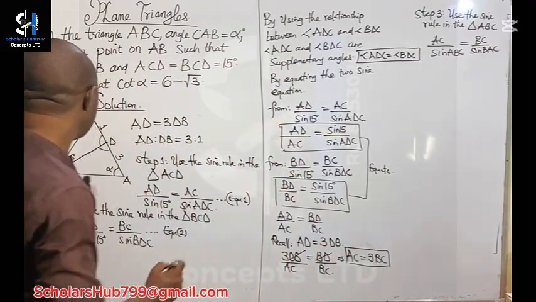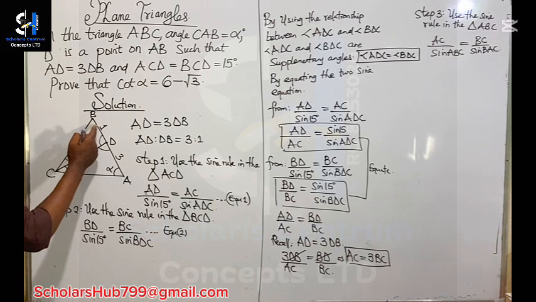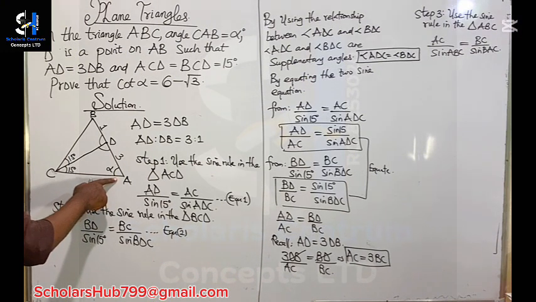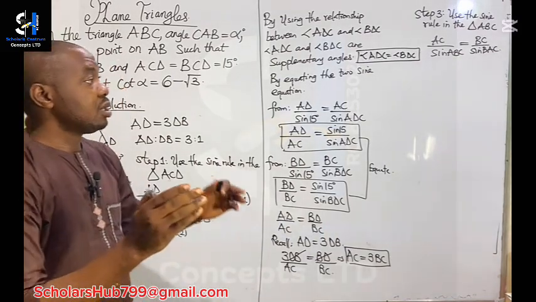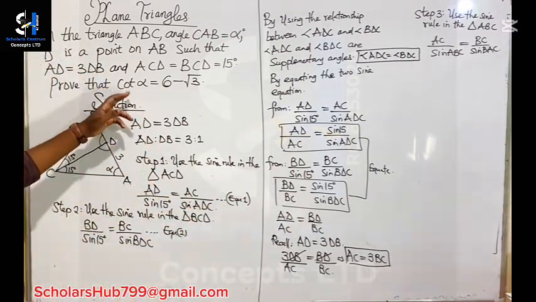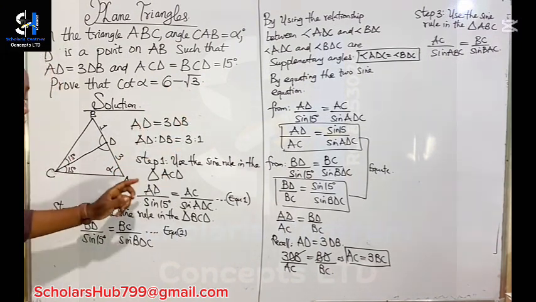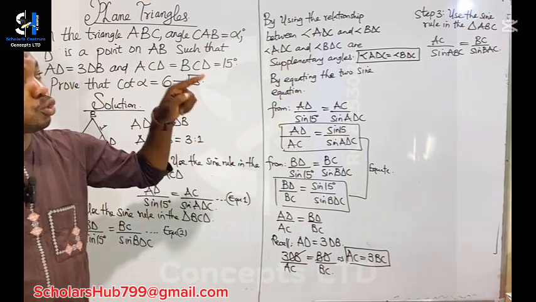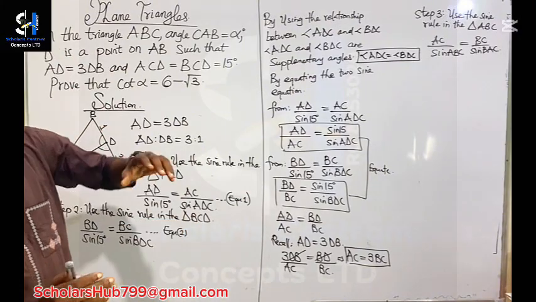AC, this side, is opposite angle ABC, and BC is opposite angle BAC. Because we want to prove that cot alpha equals 6 minus root 3, it must be AC over sine ABC equals BC over sine BAC. Yes, I mistakenly used it the other way.